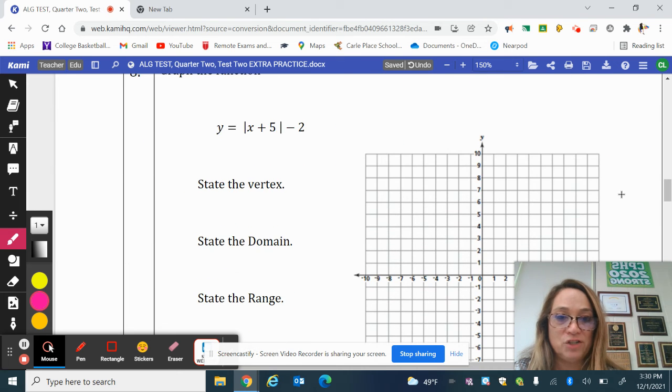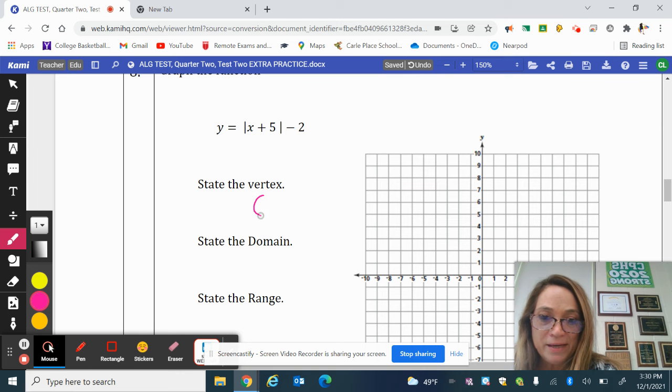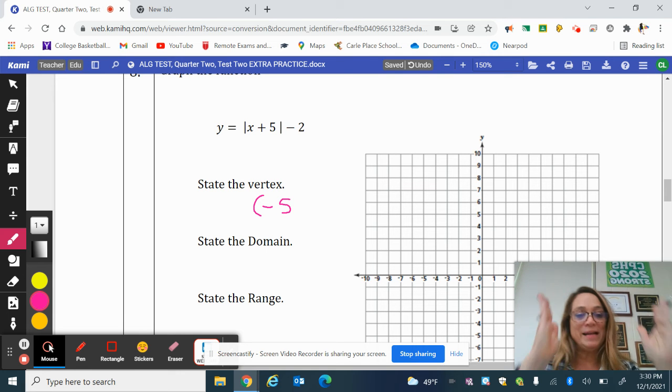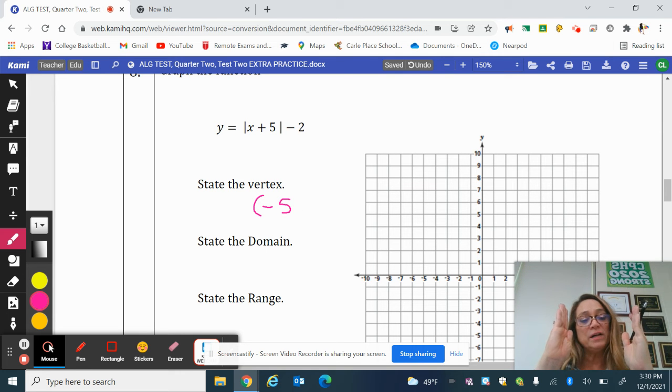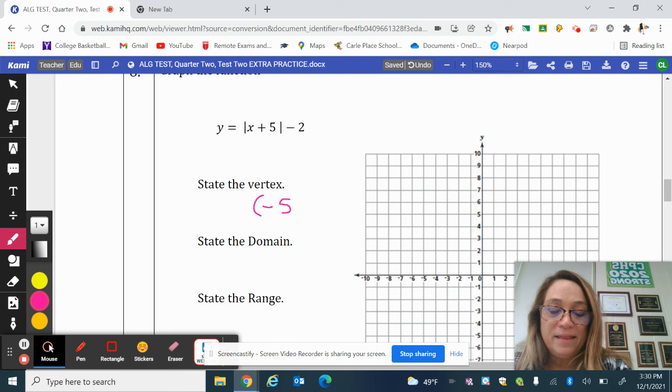All right, graph the function. So I'm going to start with the vertex, which would be -5, because remember when it's in between the absolute value bars, it's almost what we call counterintuitive. When I see that, I see +5, but that means that a -5 was what was subtracted. And then outside the absolute value bars, it is the same thing.